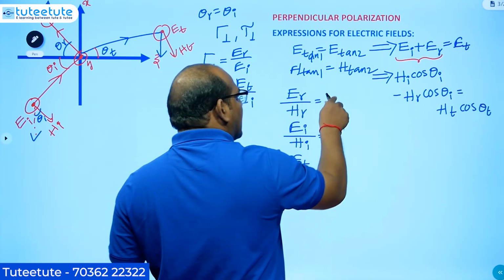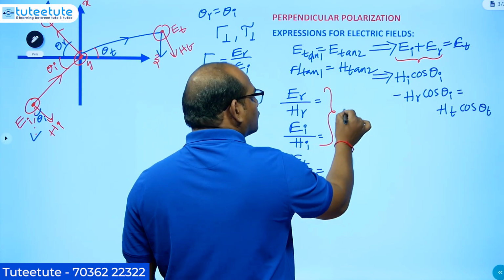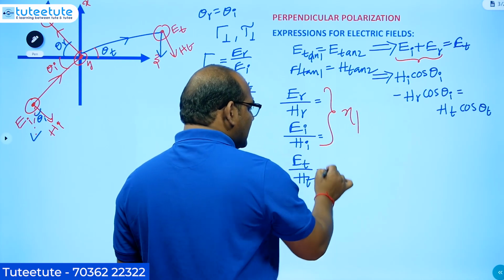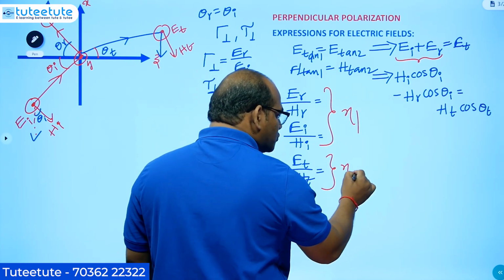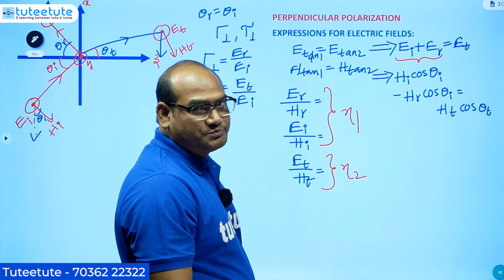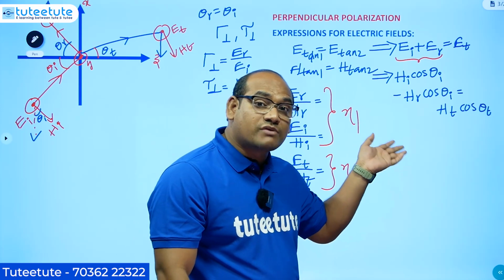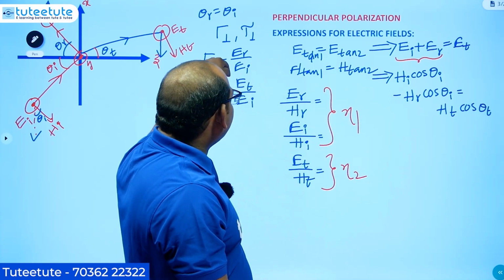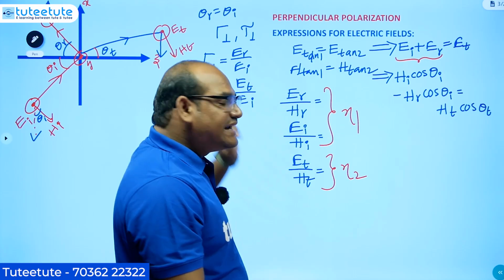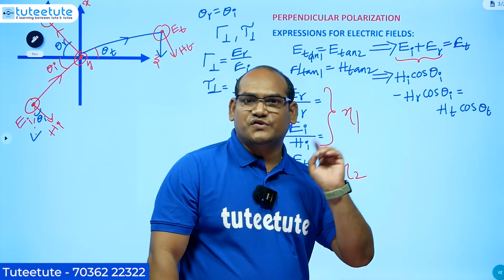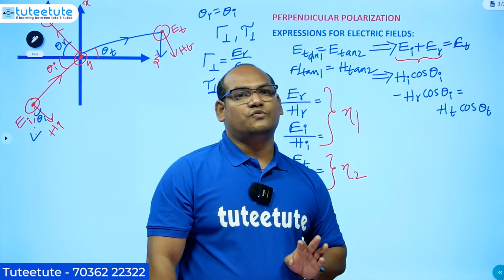These two are related to medium 1, so they are given by eta 1, and this is related to medium 2, so it is given by eta 2. Using these relations, our motto is to get the ratio between ER and EI, and the ratio between ET and EI. That means we need to get the reflection coefficient and the transmission coefficient.